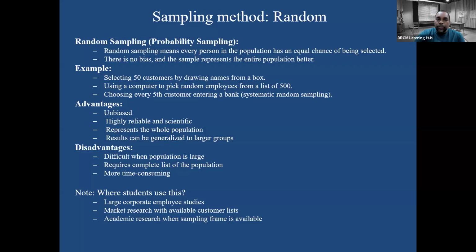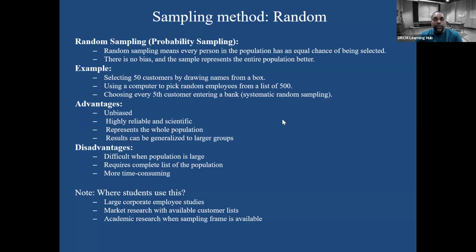Suppose in your class 60 members are there, and I am taking a sample of 10 members. From that 60 I am selecting, then that sample is called a random sample. So you need to remember that. Random sampling is used in large corporate employee studies, market research where a customer list is available, and academic research when a sample frame is available.